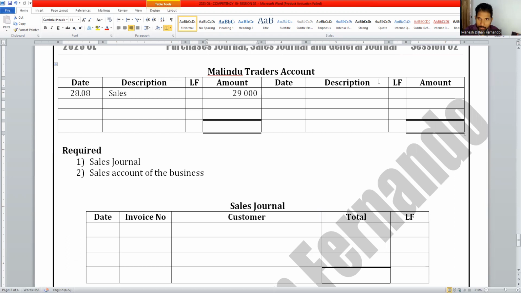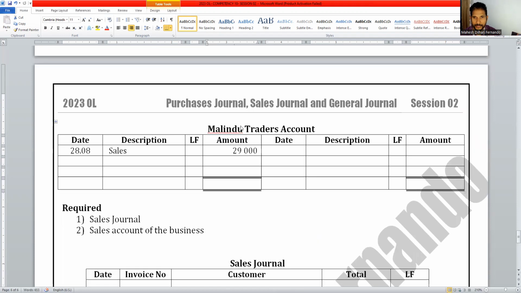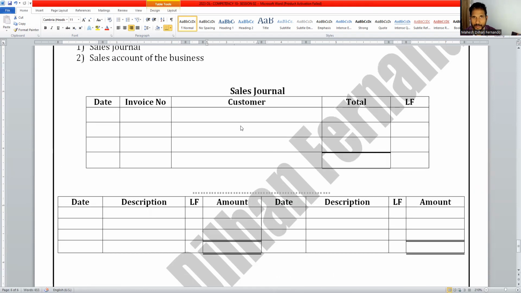Additions, that is correct. Good. That is correct. Here is the answer.